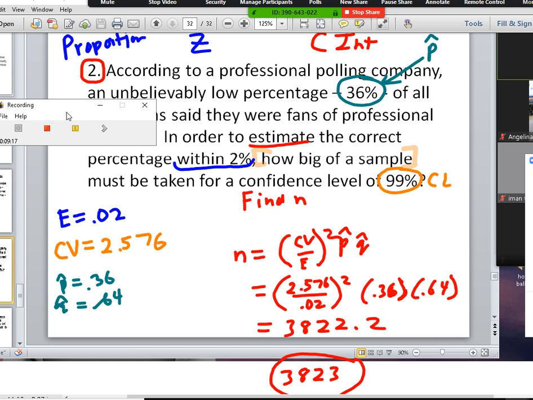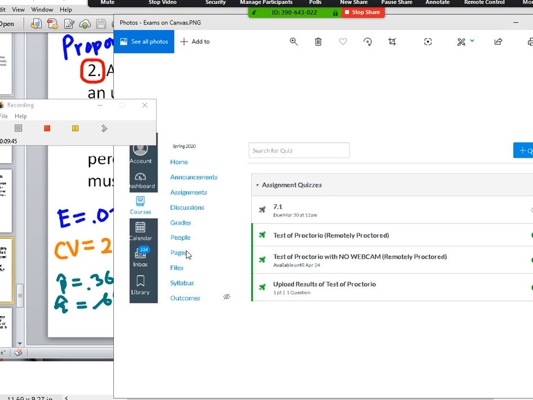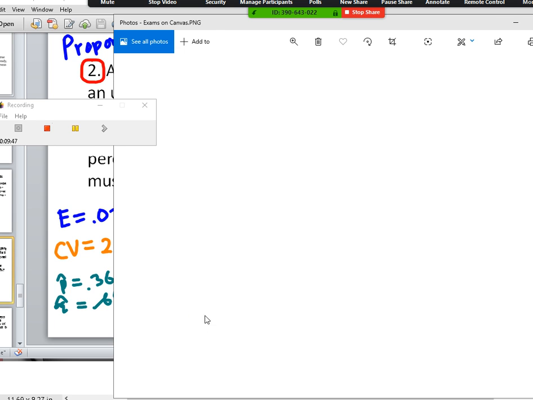What does it say? So you will go to your quizzes, and then it will be exam 3, remotely proctored. And then you'll have upload results of exam 3 after that.